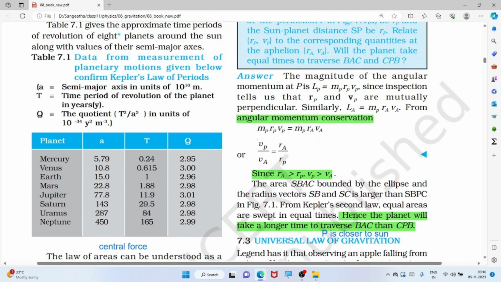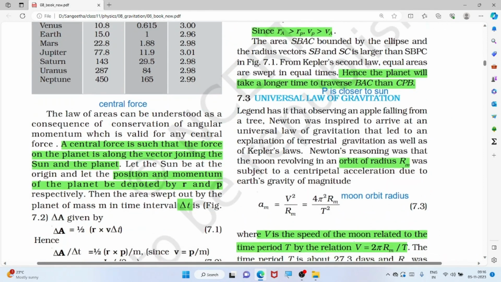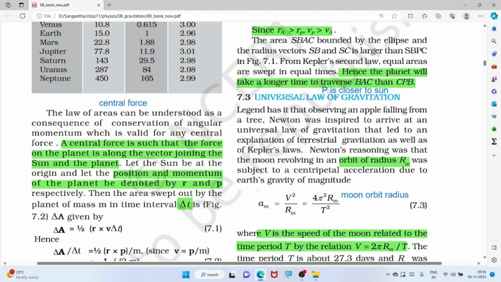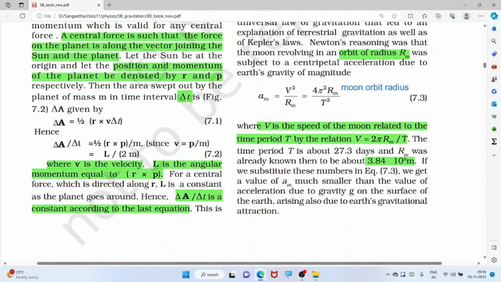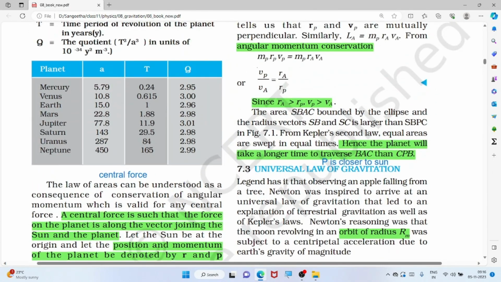So this is based on the law of areas. When the planet is closer to the sun, the speed will be more than when it is away from the sun.